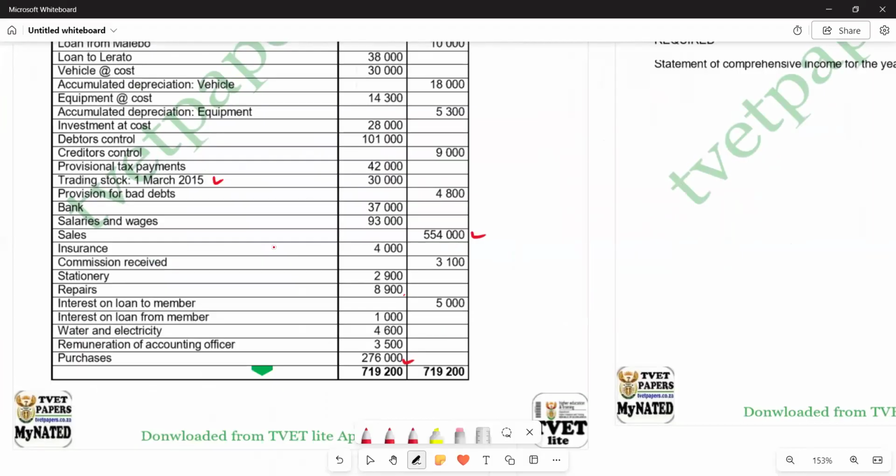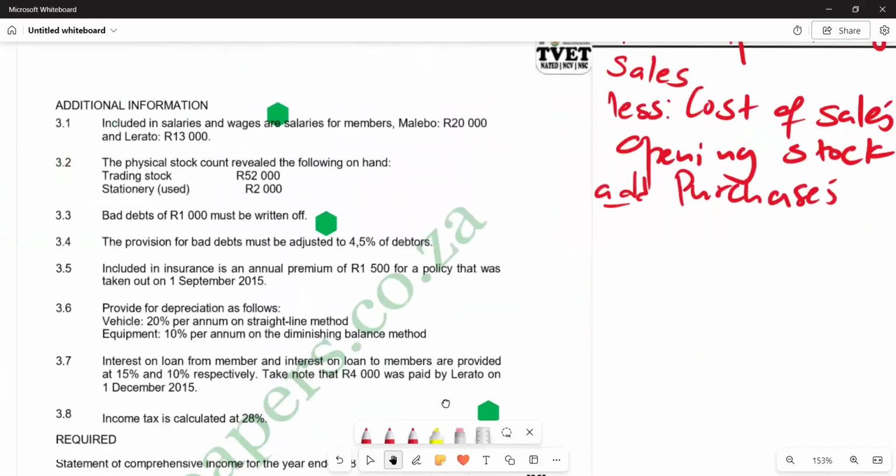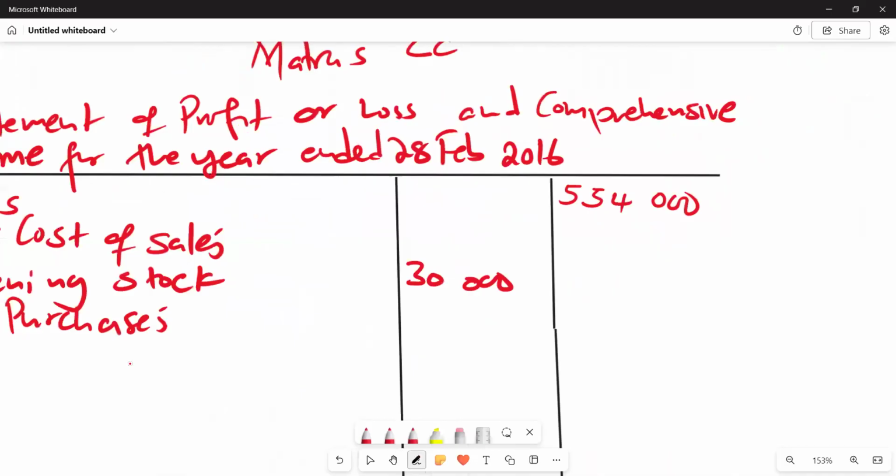So before you enter it, you also check if there are purchase returns and also settlement discount received, because they reduce the figure for purchases. We are supposed to subtract them from purchases and put it as a net figure. So if you check there, you'll see that you have nothing. And you go to additional information again, you see that there's nothing, but you need to go and check before you put this figure as it is. So here we're going to enter it as it is, as 276,000.